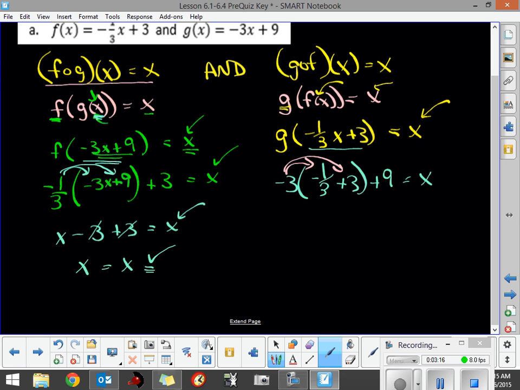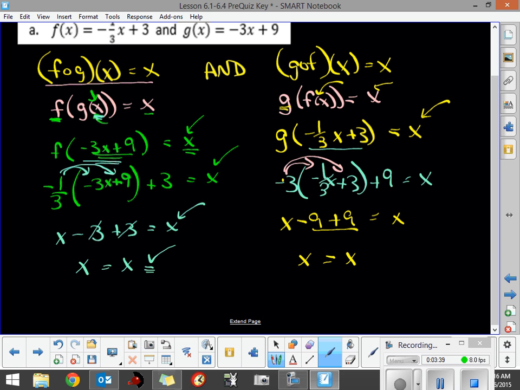So negative times negative is positive. A third of 3 is, forgot the x in there, let me add the x. So a negative 3 times a third x is a positive 1x, and then a negative 3 times a positive 3 is a negative 9 plus 9. Does that give you an x? Well, the negative 9 plus 9 reduce, so x is equal to x.